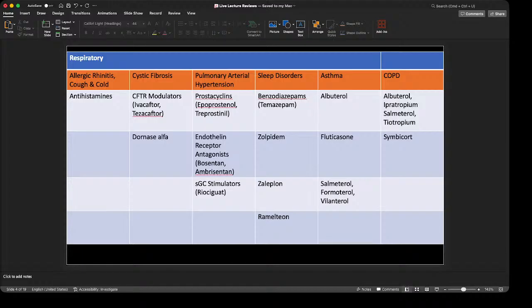So, what can you relate between an antipsychotic and an antihistamine or allergy medication? Should you be giving a patient an antihistamine that causes drowsiness and a second generation antipsychotic that will also cause drowsiness? I would not recommend those two together, because then the patient's going to be feeling extremely drowsy.